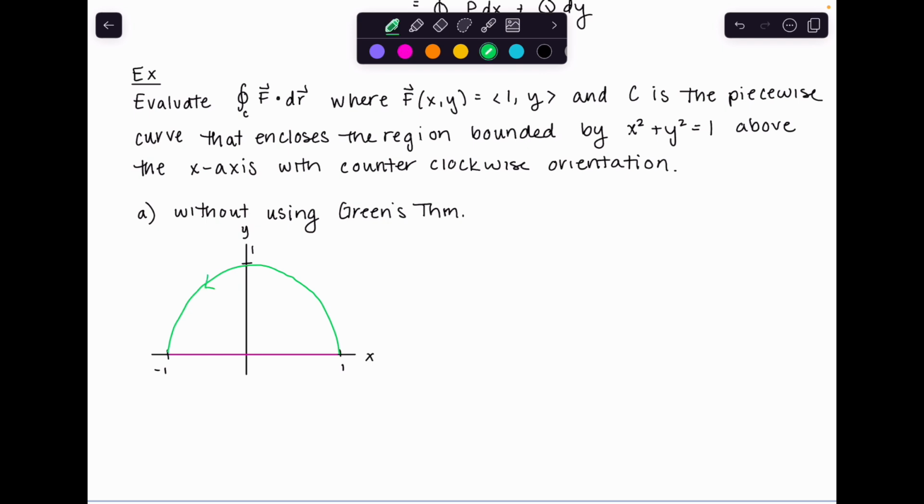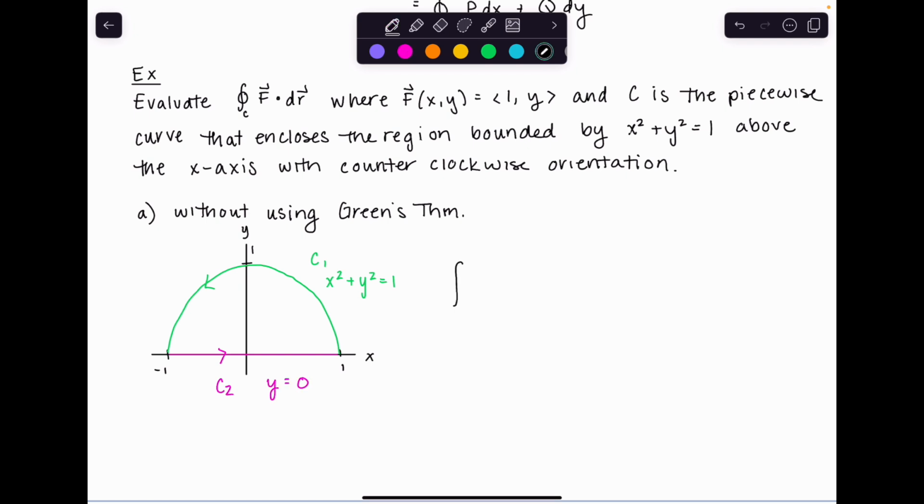So I end up going counterclockwise around this, and if I want to evaluate this using line integrals, I have this curve C1, which is the semicircle, x squared plus y squared equals 1. And then I've got this bottom part, C2, where y is equal to 0.